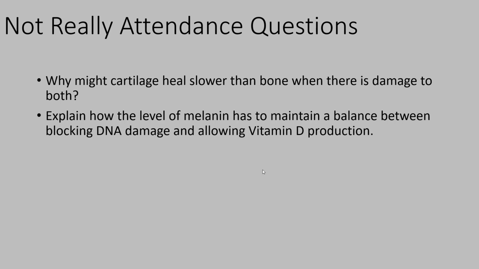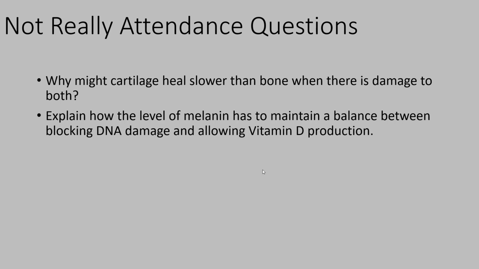The further from the equator you get, the lighter the skin tone. At the equator, there is very, very strong ultraviolet radiation, so we need a lot of melanin there. There's still enough ultraviolet radiation getting through to activate vitamin D because there's so much ultraviolet radiation there.